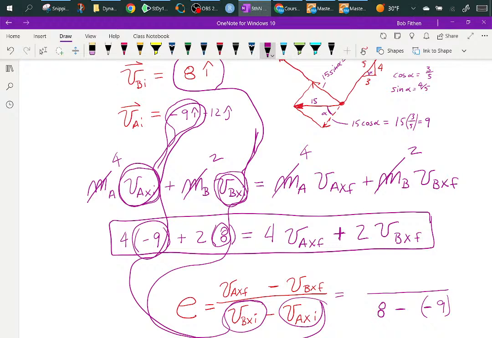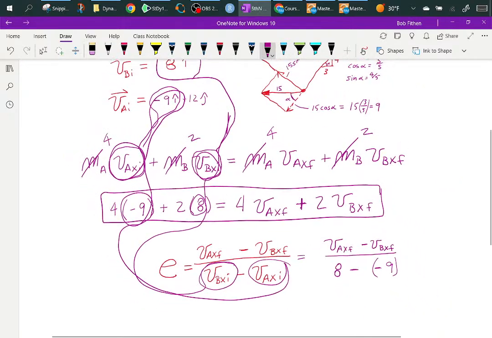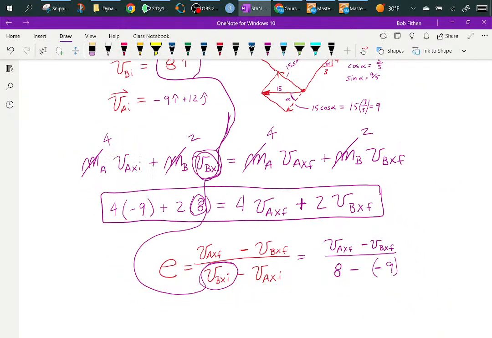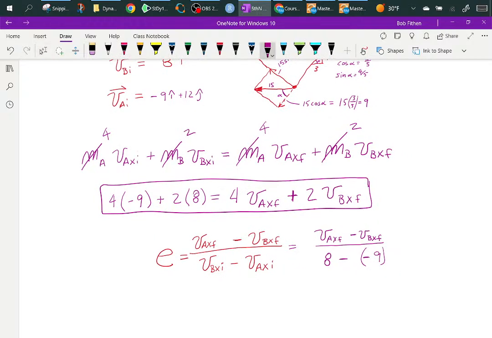I can't do anything about the upper except VAX final minus VBX final. Now I can get rid of all this mess here and consider that this is equal to 0.8, because that's the way it was written for us.